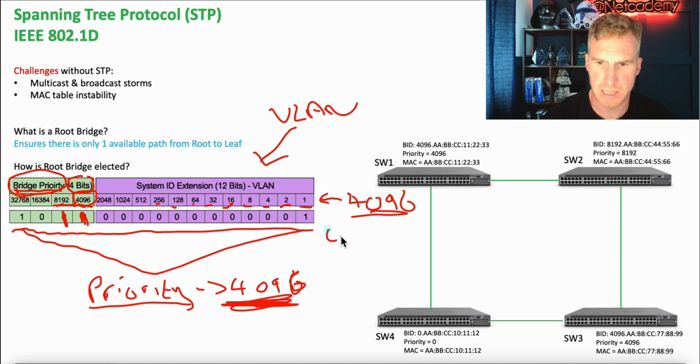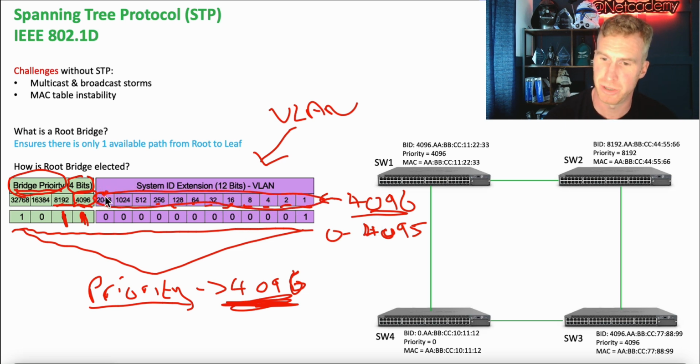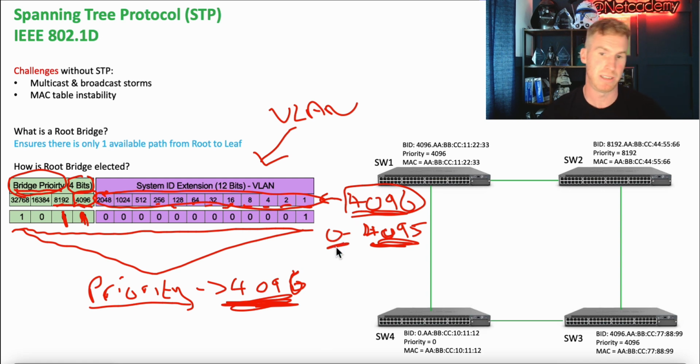Really, it's 0 to 4095 in terms of numbers, because 0 is a number. And if you add all of these numbers up, what do you think you come to? You actually do get 4095, and thus there's 4096 different options, again taking 0 into account. So that is why when you're defining the bridge priority, it will always increase by 4000, or 4096 to be precise, because of those bits that you have in that bridge priority.